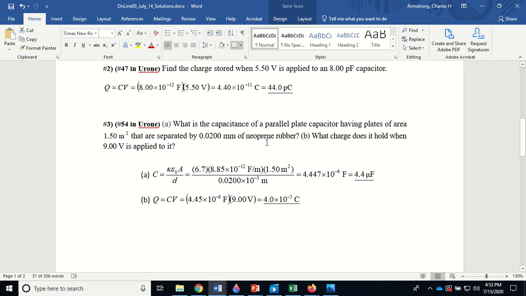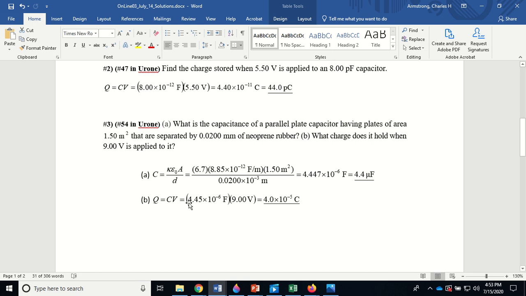What charge does it hold when 9 volts is applied to it? Well, all of this probably works out to be, here we go. I don't know why I did 4.5. Okay, I know why. This guy only has 2 digits of accuracy, so your answer should only have 2 digits of accuracy here.